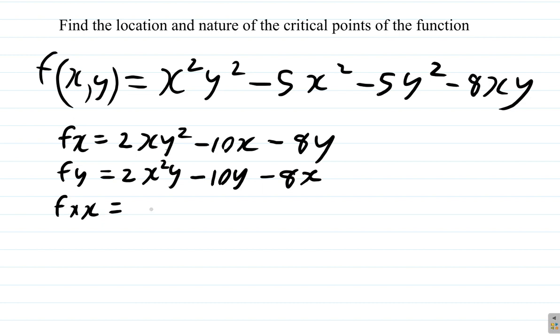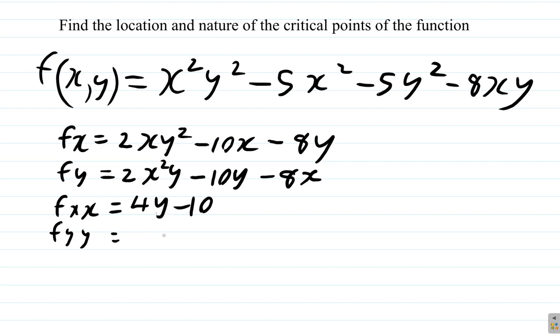So we differentiate fx with respect to x. We have 2 times 2 is 4y minus 10. And then fyy, where we differentiate fy with respect to y.